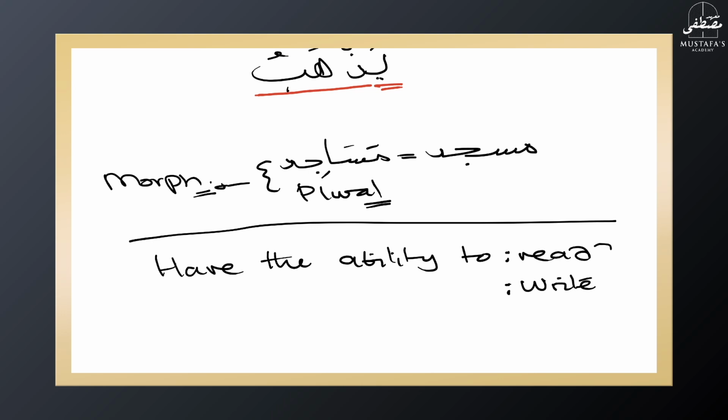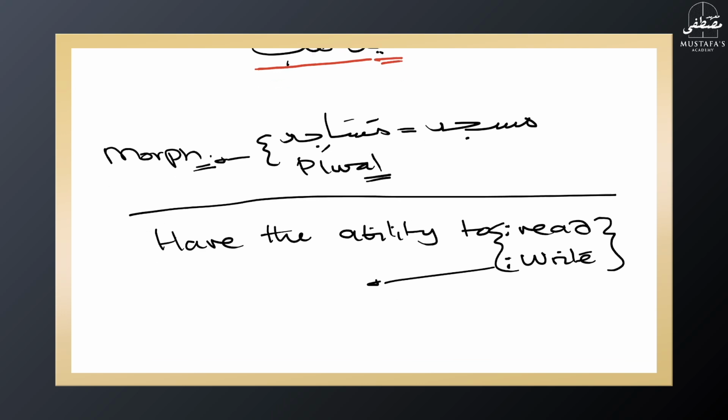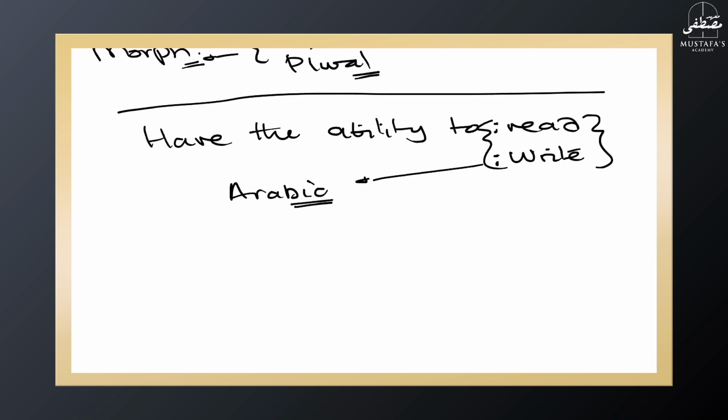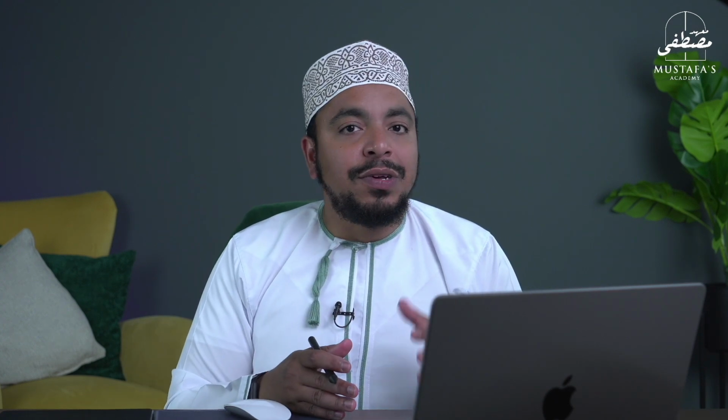To write what and read what? Both of them. To write Arabic and read Arabic. Because if you want to be able to understand what you are reading, you should be able to write it as well. You don't just read and not be able to write. It will be very difficult for you to put the two together.